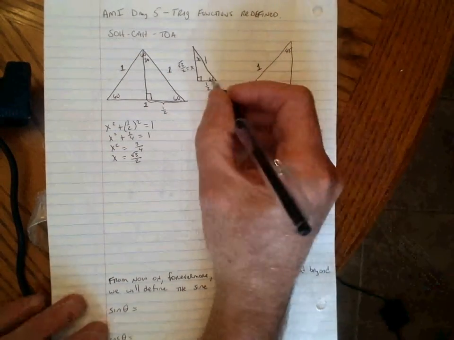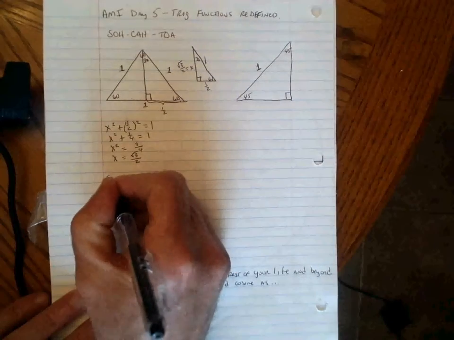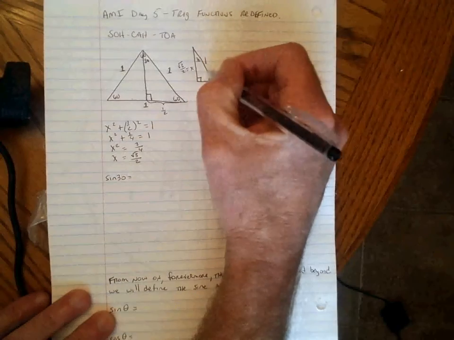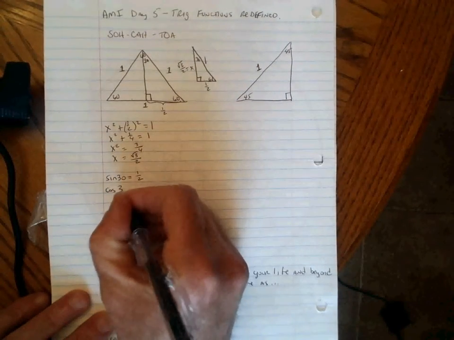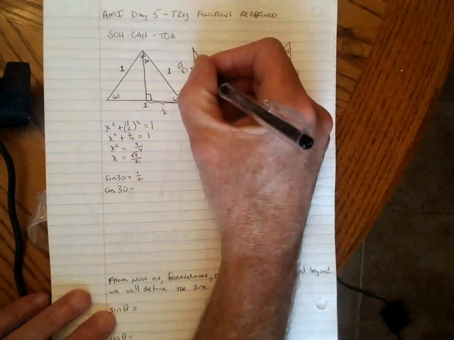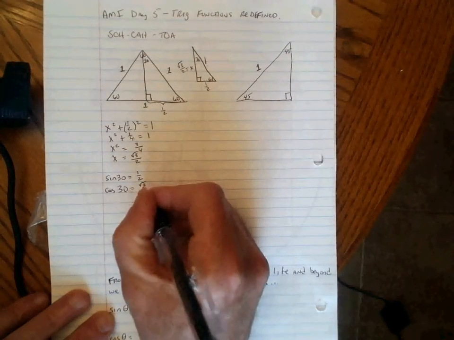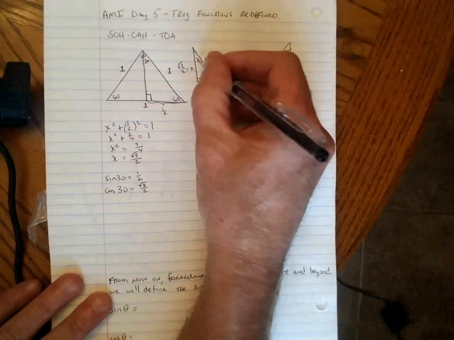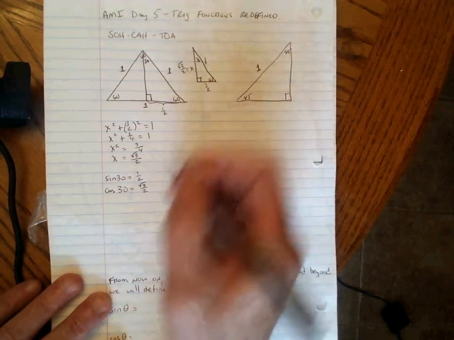Using our ratios in our SOHCAHTOA, that tells me that the sine of 30 degrees is 1/2 over 1, or just 1/2. The cosine of 30 degrees is the square root of 3 over 2 over 1, or just the square root of 3 over 2. The tangent of 30 degrees is 1/2 divided by the square root of 3 over 2.